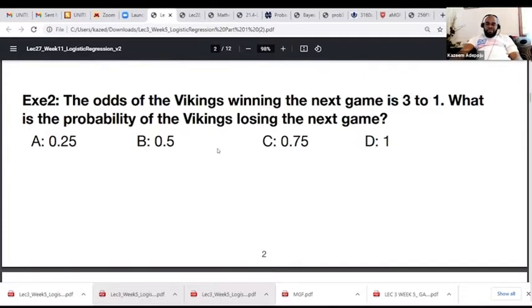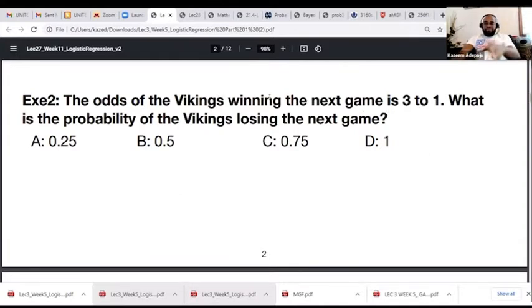What is the probability of the Vikings losing the next game? If you add 3 and 1, that's 4. If the totality is 4, then 1 divided by 4 is 0.25. So the probability of the Vikings losing is 0.25.